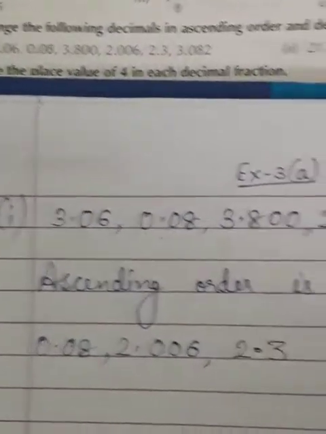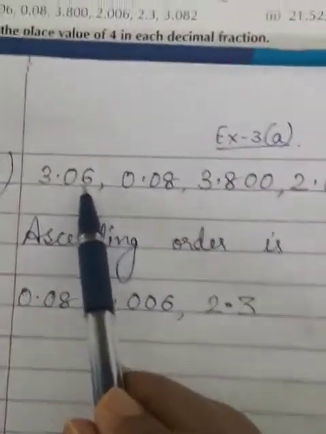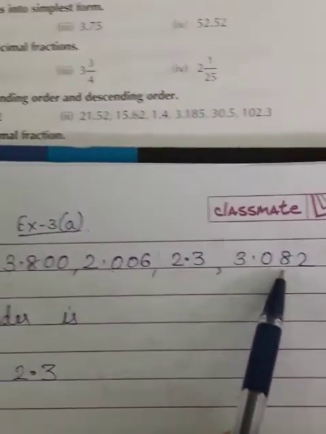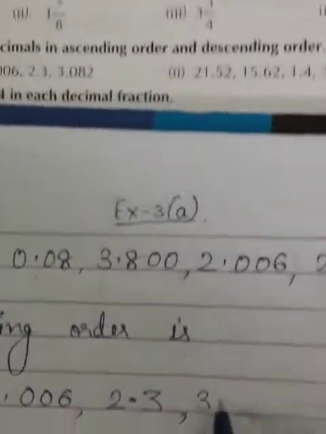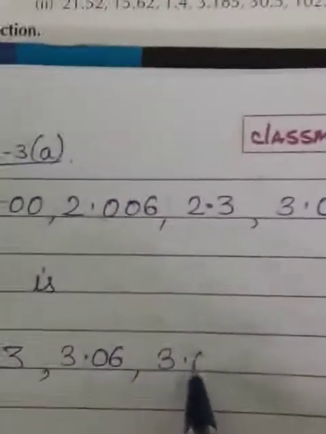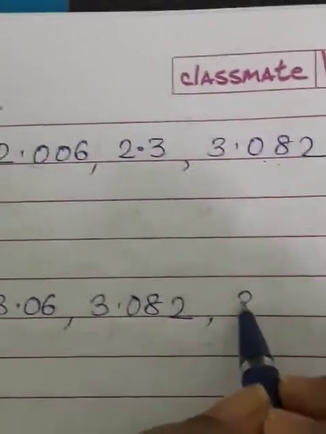Now from these two, which is small? The second decimal place is 6, the second decimal place is 8, so this is big, that means this is small. So write this number now, 3.06. Next is 3.082 and this is the last one, 3.8.